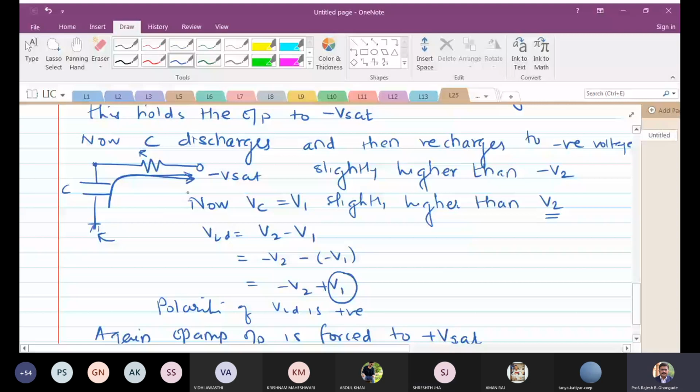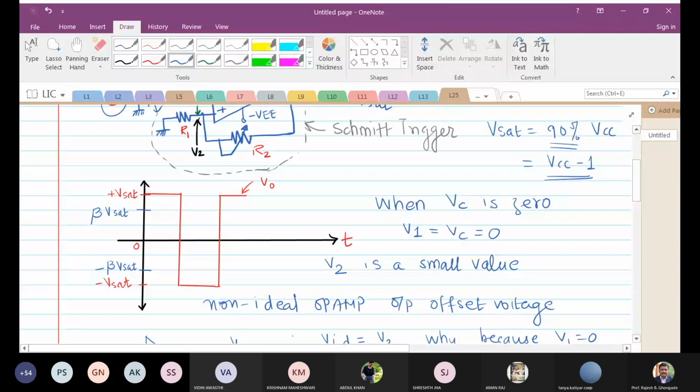Okay, so here with respect to this, what we can say? We see that it starts with, let us say, minus Vsat, the voltage across the capacitor, or rather the V2. It starts like this.